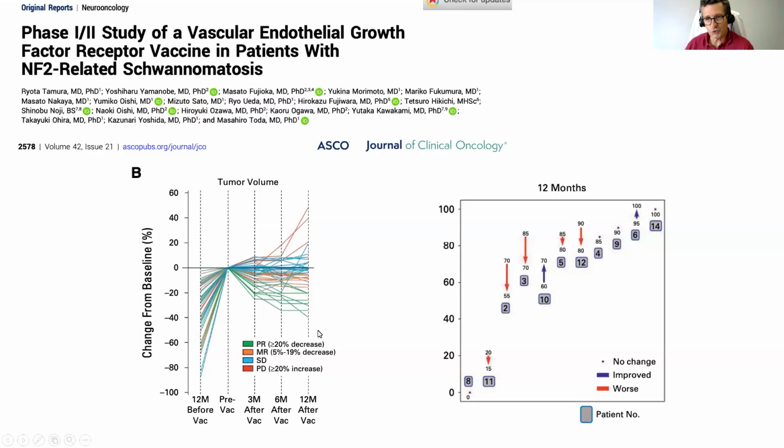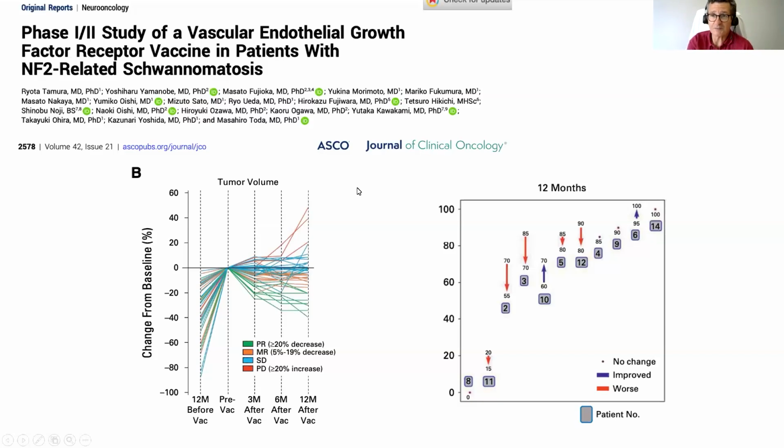Just to know that there are maybe other options linked to the VEGF-A pathway. This is a paper published this year by a Japanese group, Professor Toda. It's a vaccine targeting the VEGF pathway.